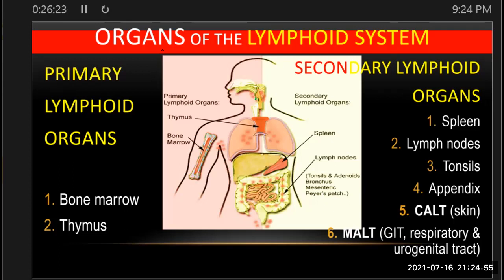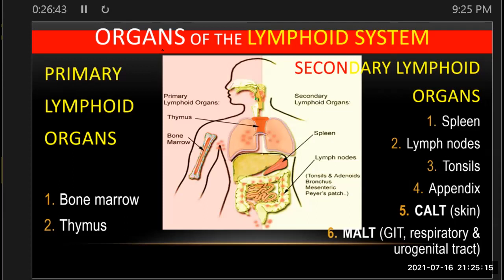The difference between them is the following. Primary lymphoid organs allow lymphoid stem cells to proliferate, differentiate and mature, while secondary lymphoid organs encourage functional lymphoid cells to grow.